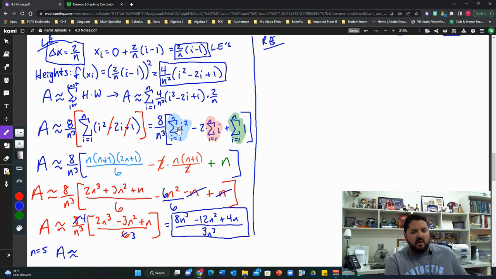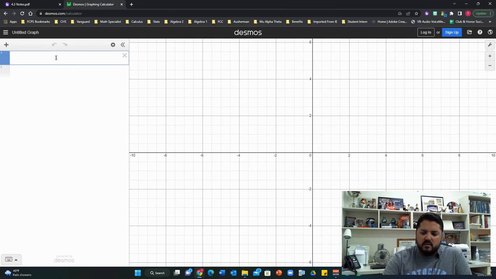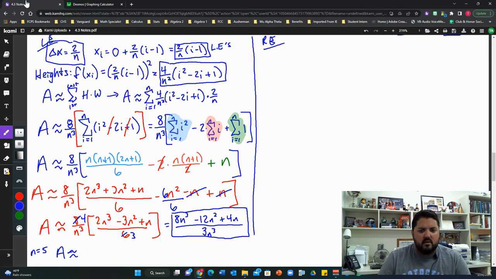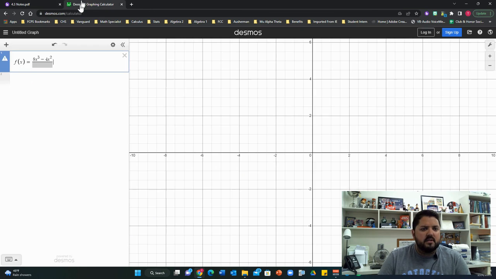Let's actually just use Desmos here, and let's speed up the process. Let's say that f of x equals 8x cubed minus 12x squared plus 4x, over 3x cubed.